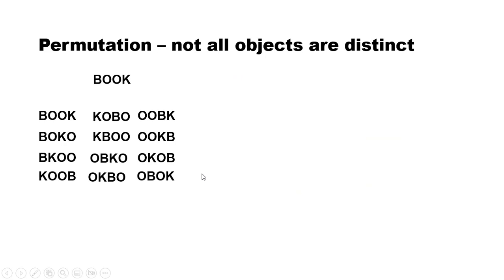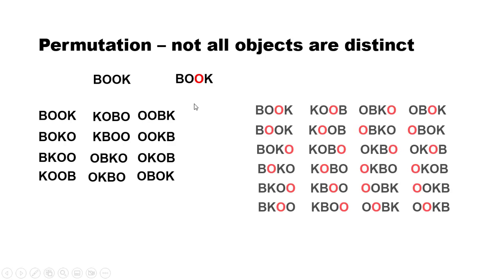Now to understand that, let's rewrite the word BOOK, and in this you can see that I've colored the second O with red, so I can call them black O and red O. Now with this, if I'm going to write all the possible permutations of this word book, it will be something like this.